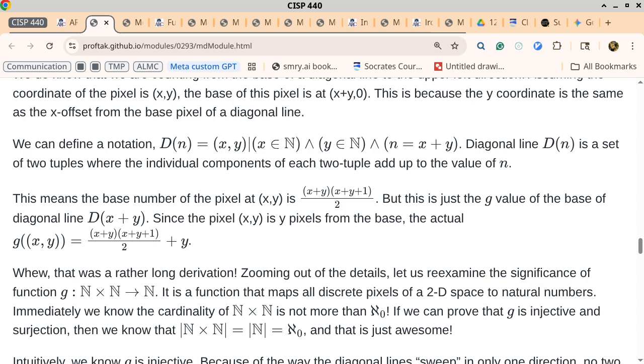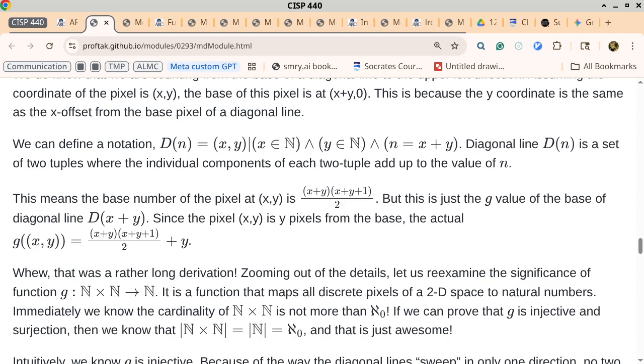How do we find the closed form of figuring out which cell or which pixel ends up with a particular natural number? So that's the inverse function, which is the part after this, what you see on the projector. Yep, it's called Cantor's pairing function.